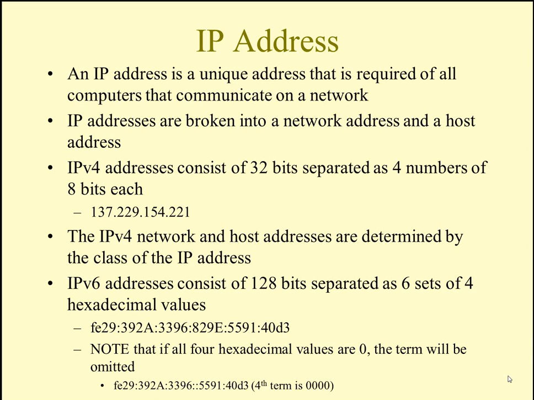IP version 6 addresses are separated as 6 sets of 4 hexadecimal values. Hexadecimal means that we have the values 0 through 9 and then A through F, A being 10, B being 11, and then all the way up to F being 15. Here is a sample IP version 6 address. You see that we have 4 hexadecimal values, then we separate with a colon, 4 more hexadecimal values separated by a colon, 4 more, and so on all the way.